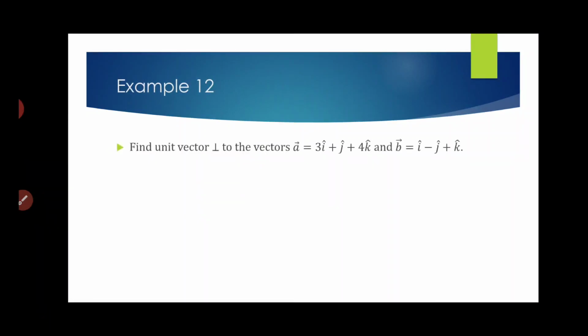Number 12. Find the unit vector perpendicular to the vectors a and b given here. So perpendicular to the vectors a and b, that means what? It should be a cross b, because we know any vector that is perpendicular to two given vectors is represented by their cross product. So let me first find the cross product in the same fashion.